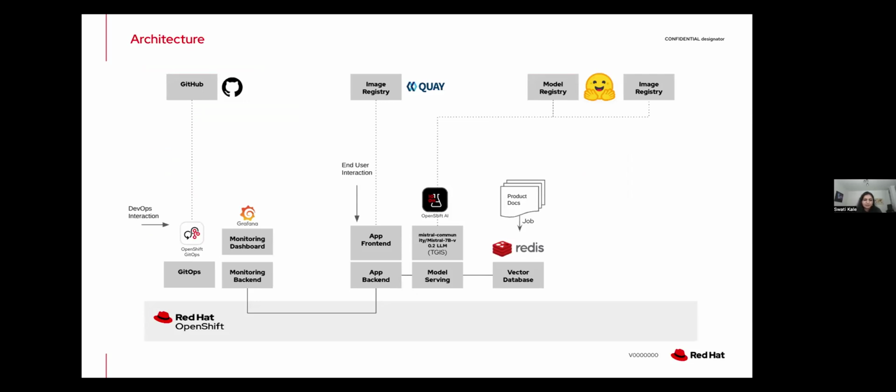UI is a simple chatbot, which is based on Gradio. Application is augmented with content from Red Hat product documentation. So we are also using Redis here as a vector database to store embeddings for those product documentation. We have a job for document ingestion. We'll cover that in the next slide.